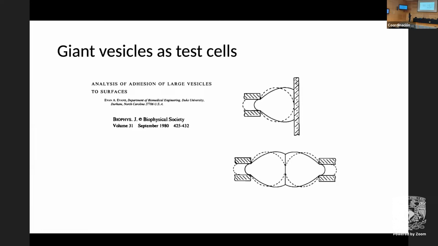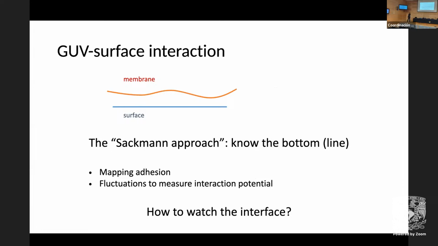You hold it in a micropipette, you pull slightly, and you let it interact with the surface or with another cell. You look at the deformation. Before interaction, it is kind of round. After interaction, it's deformed. From the shape change, you can calculate the adhesion energy. You see that this is kind of complicated because you need to pull, and then you need to look at the shape, and this is very limiting.